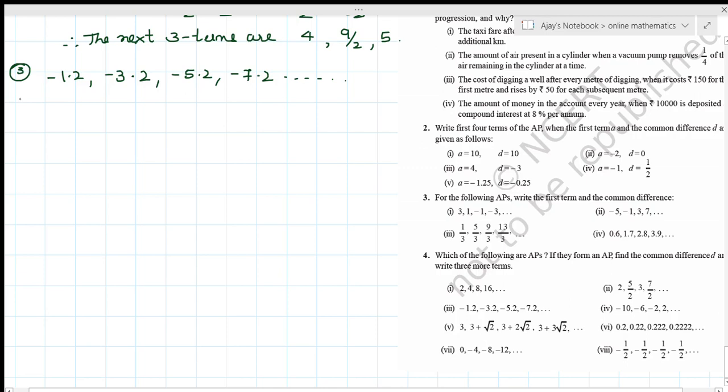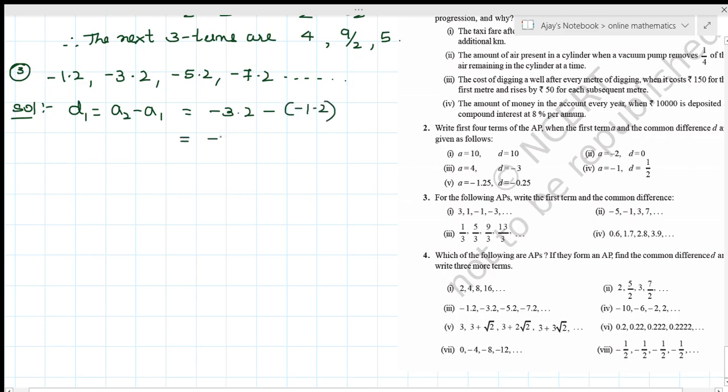To check whether it is an AP, as we learnt, first we have to calculate whether the common difference is same among the terms. So D1 is A2 minus A1, which is equivalent to minus 3.2 minus of minus 1.2.